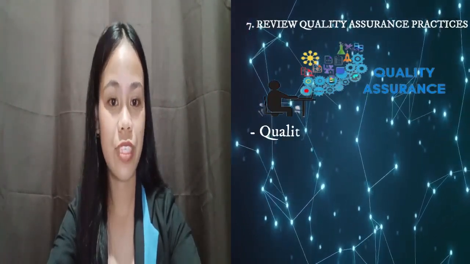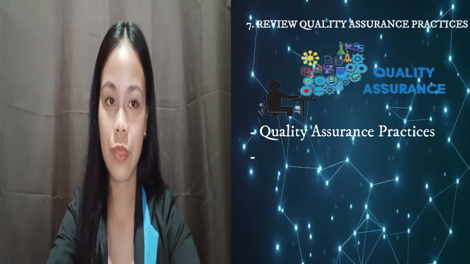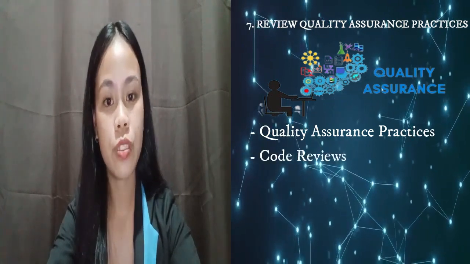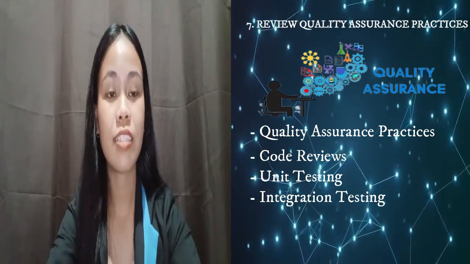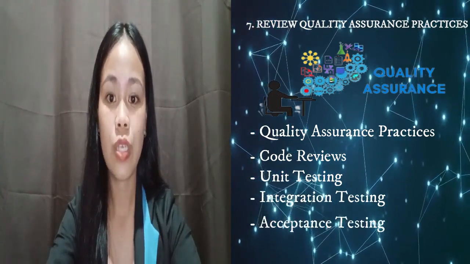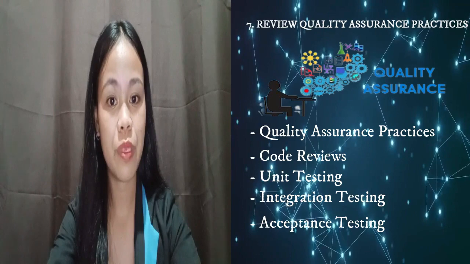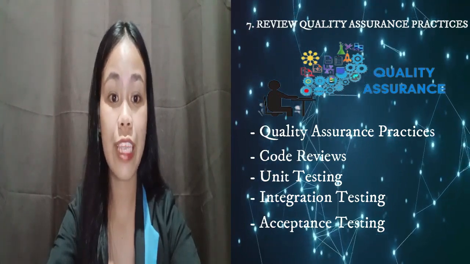Evaluate the effectiveness of quality assurance practices, including code reviews, unit testing, integration testing, and acceptance testing. So assess whether these practices are implemented rigorously, whether they detect defects early in the development life cycle, and whether they contribute to the overall quality of the software.